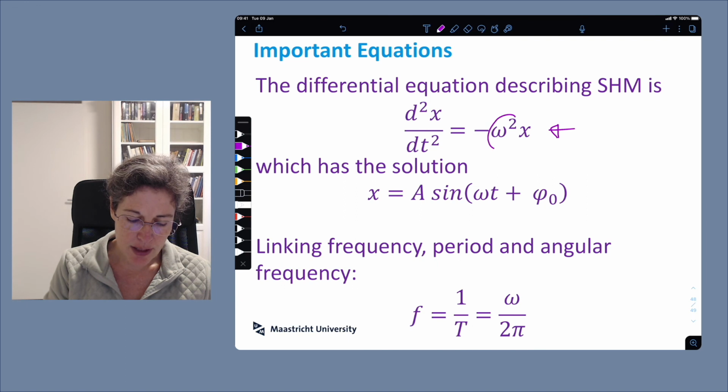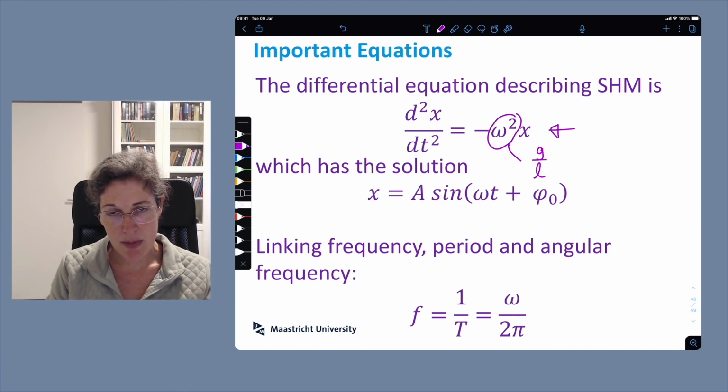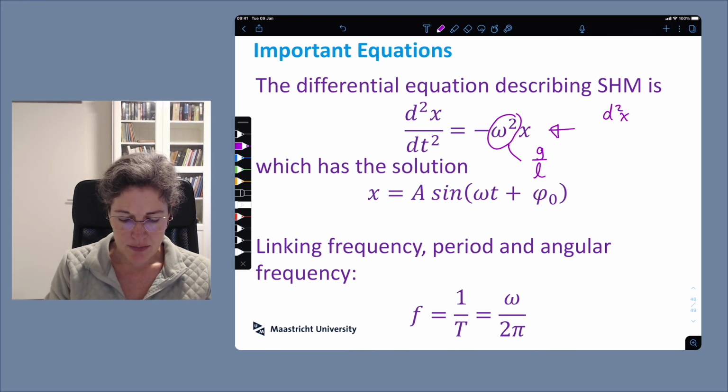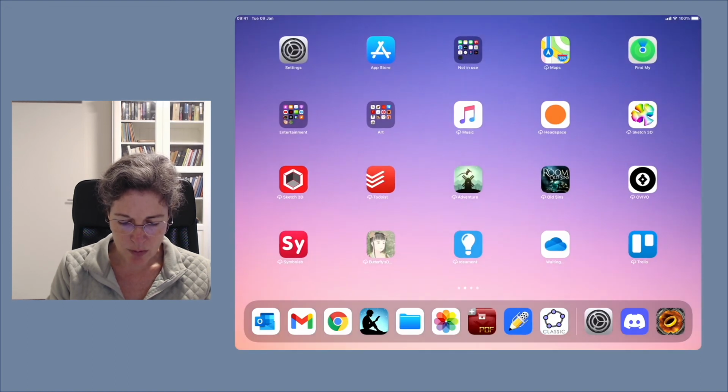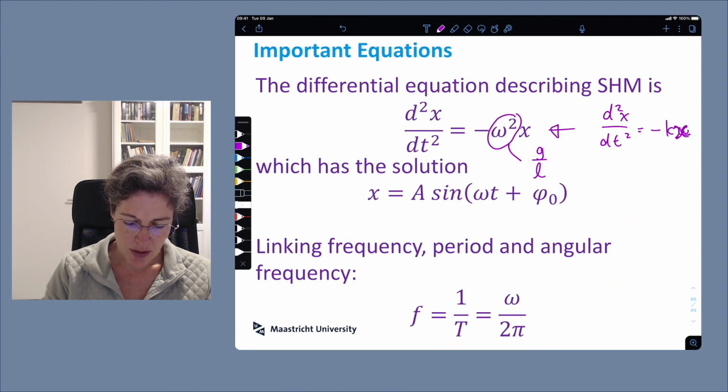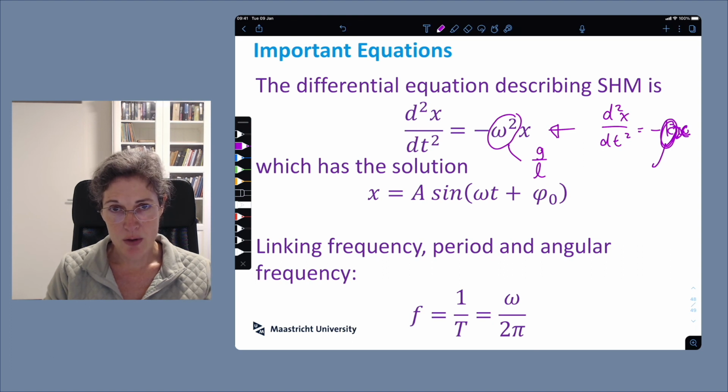Now you might not have an explicit omega squared, so if you think about when we had a pendulum, we ended up with a differential equation that had a g over L, and previously when we talked about our mass spring we had something else. But usually what you do when you have a system that looks like this is whatever you have as your coefficient of your displacement here, you're going to turn it into your omega squared.